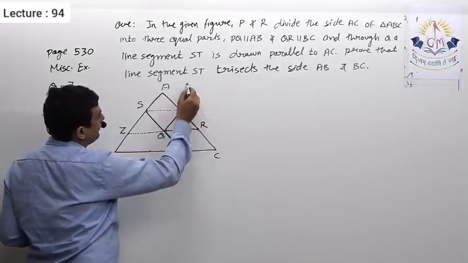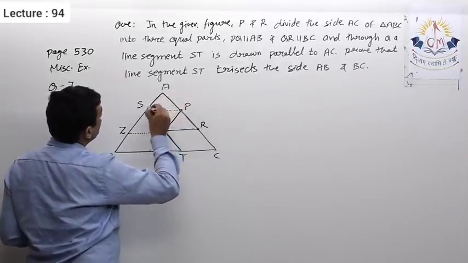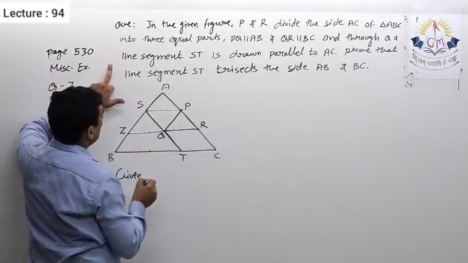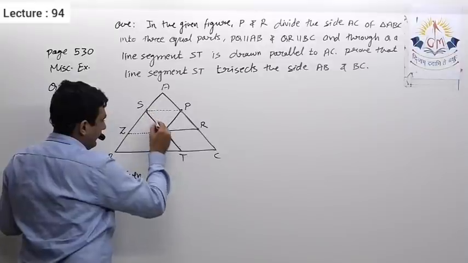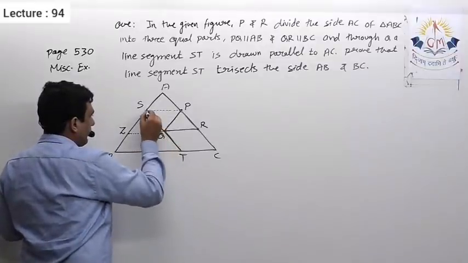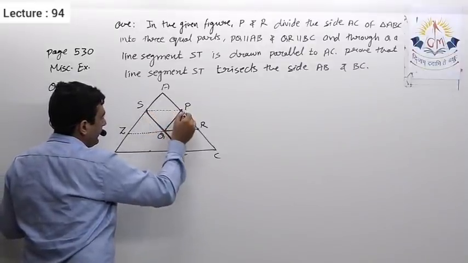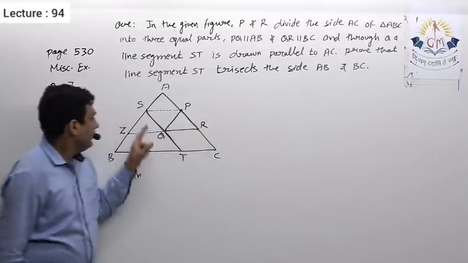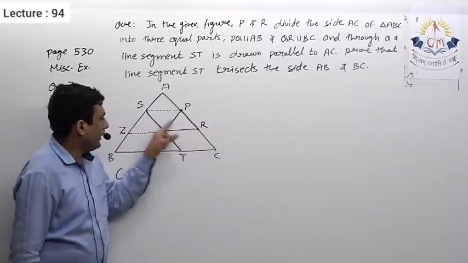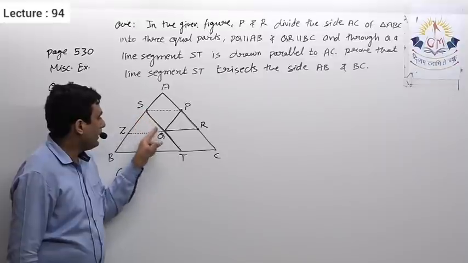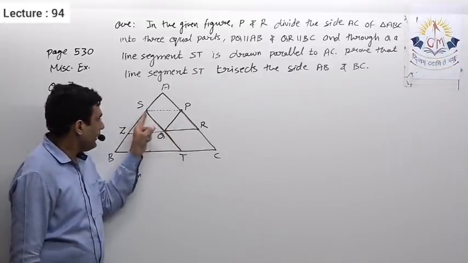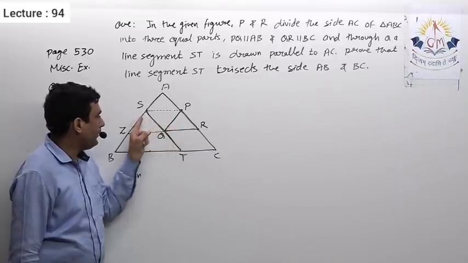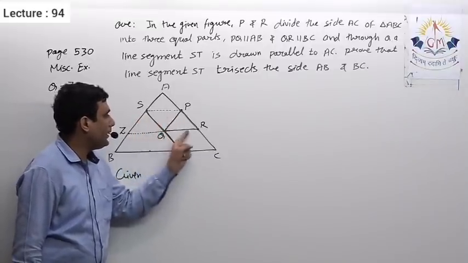It is also given that ST is parallel to AC, so definitely I can say SQ parallel PR. Now if it is possible to prove SQ equal to PR, I can say SQRP will be a parallelogram. As soon as I get that SQRP is a parallelogram, I can say SP parallel QR.